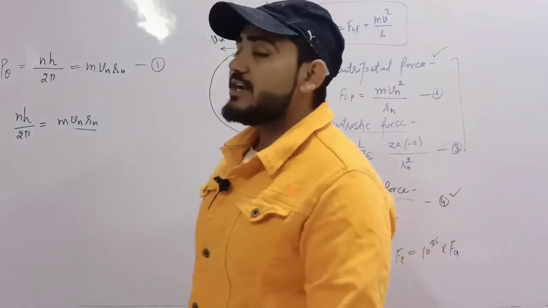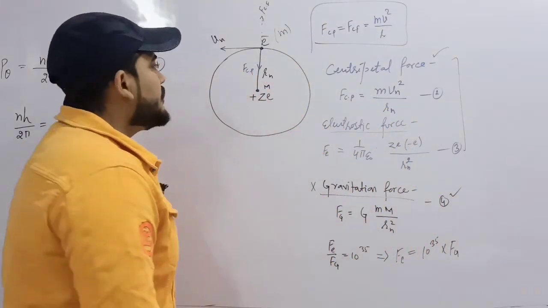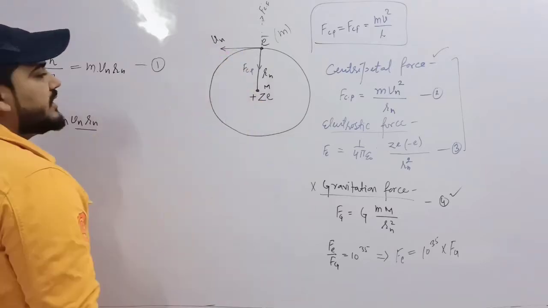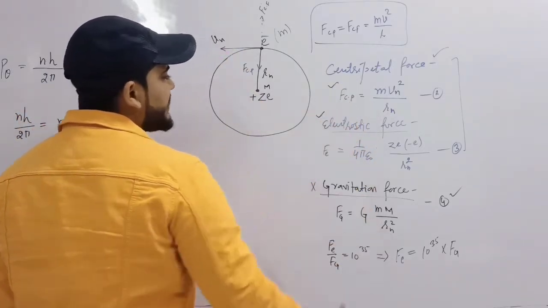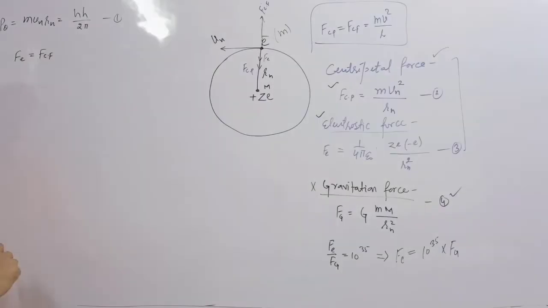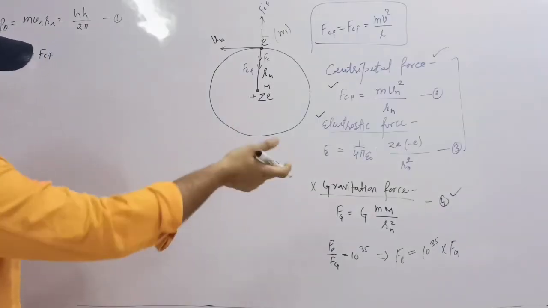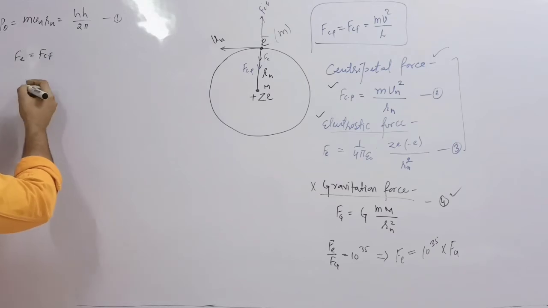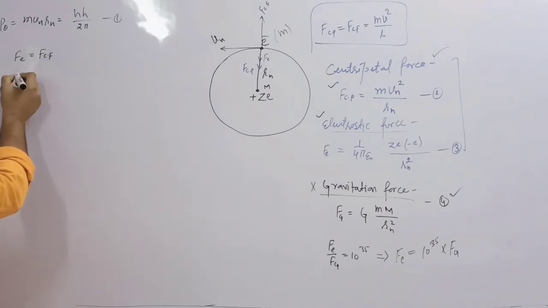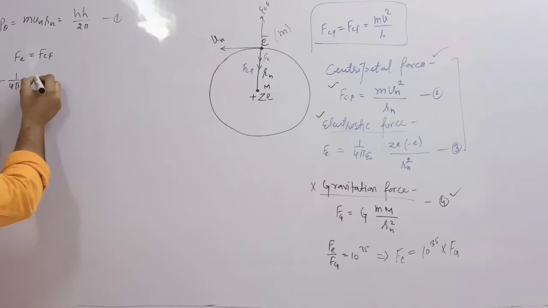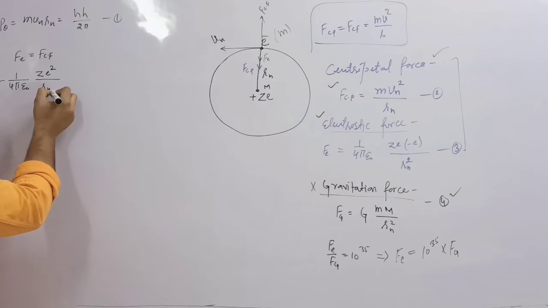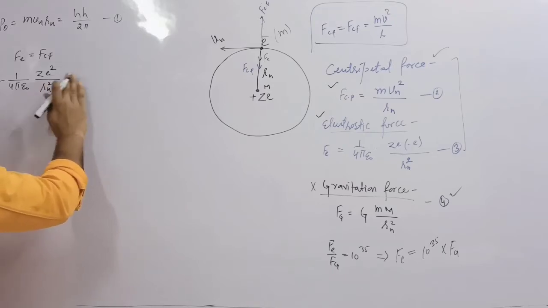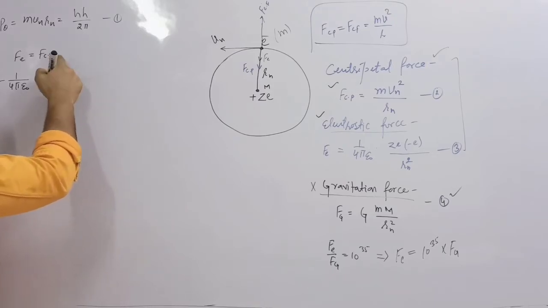Okay, so the interesting thing is that to make this electron revolve in this orbit, these two forces, that is this centripetal force and this electrostatic force, must balance. So put the values of both these forces, that is this electrostatic force is 1 upon 4 pi epsilon naught, Ze square upon Rn square, this is equal to, what is this Cf?